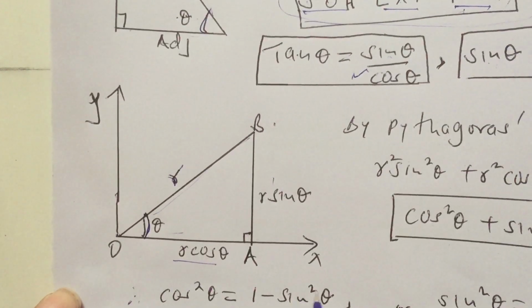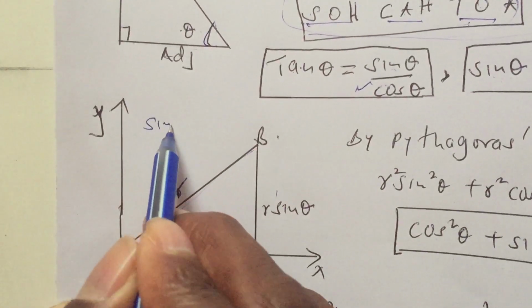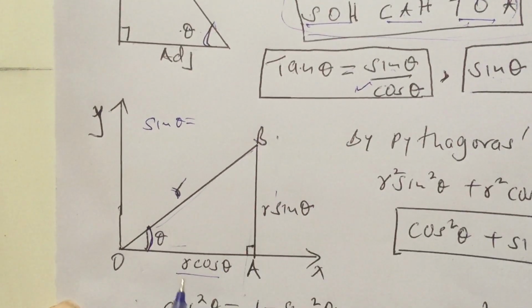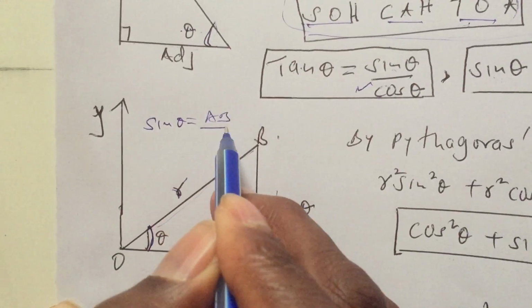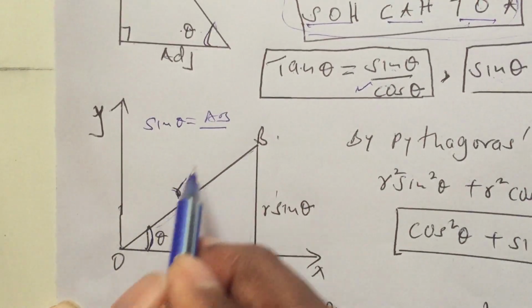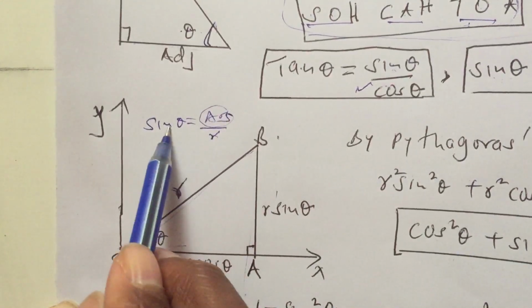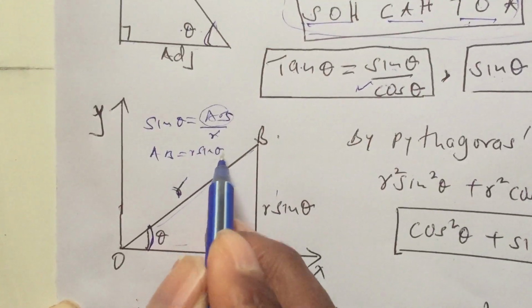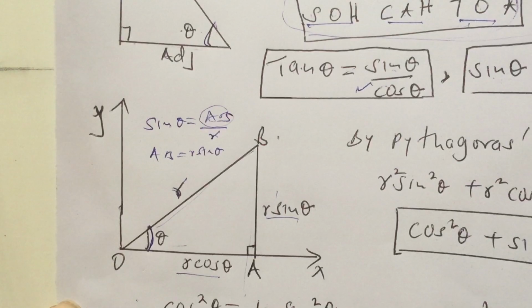For example, on a quick note, we know that sine of this theta will be the opposite, which is line AB, over the hypotenuse, which is r. If I make AB the subject, I cross multiply to have AB equals r sine theta. Therefore, I've substituted this side with r sine theta.